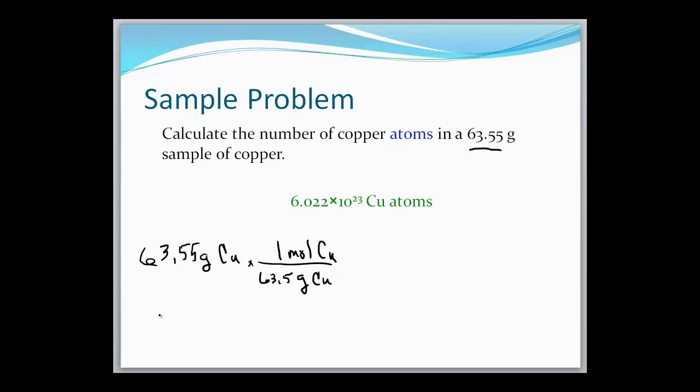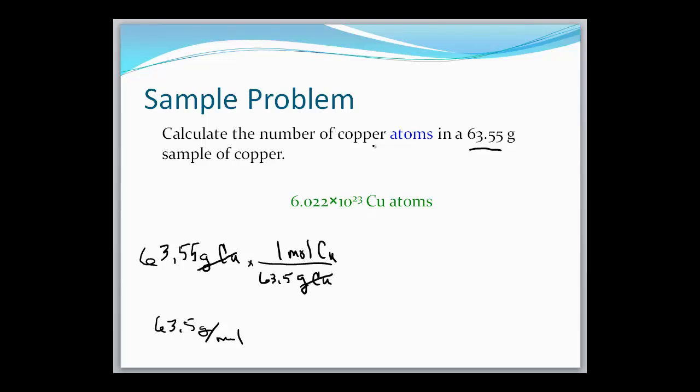Because on the periodic table, it's 63.5 grams per mole. Now, it's just coincidence here that we started with 63.5 grams of copper. So your grams cancel, and the units we have right now are moles.